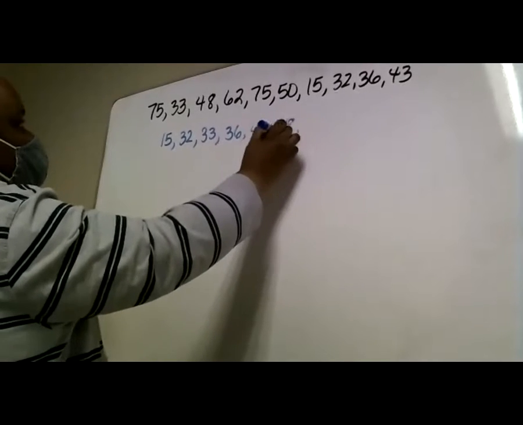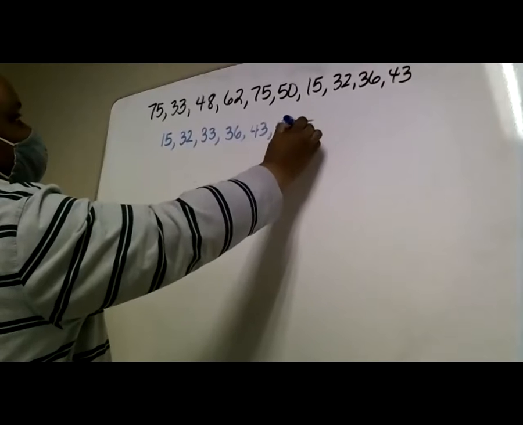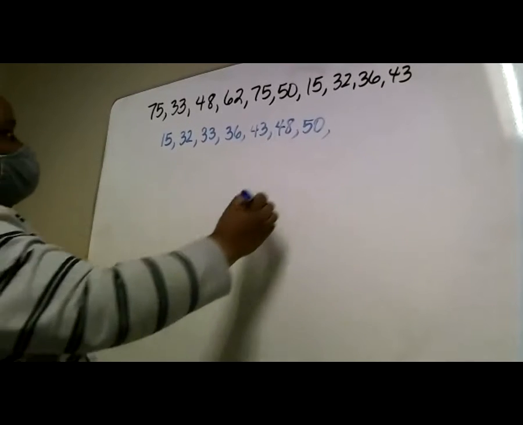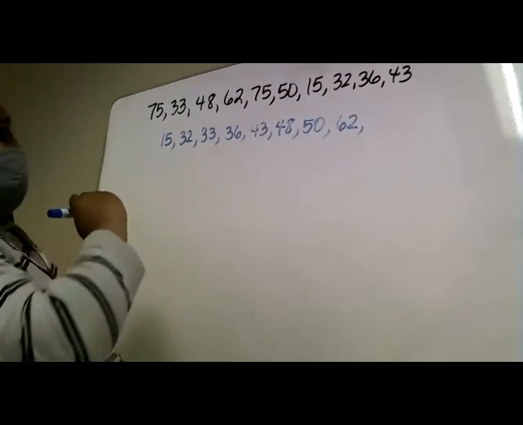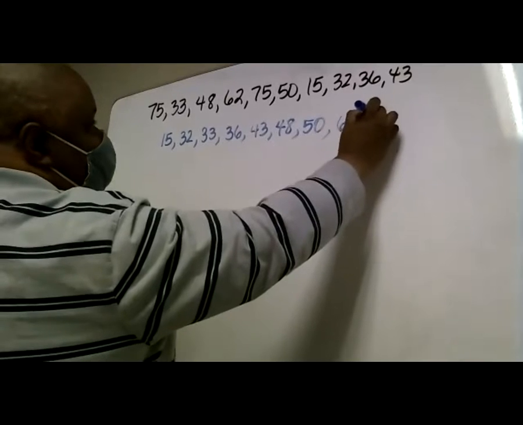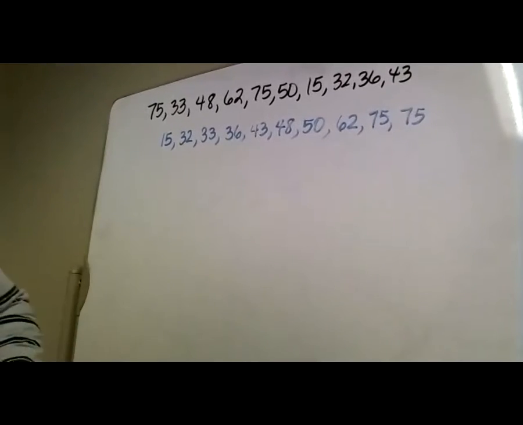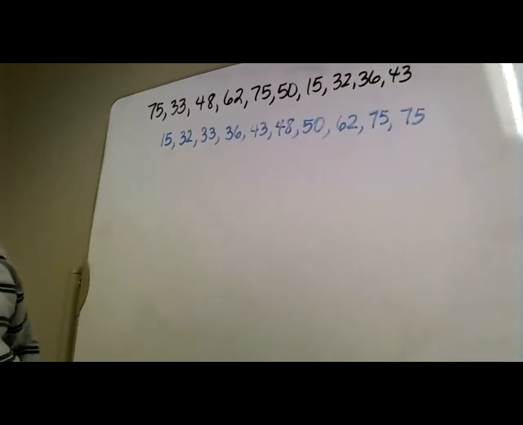And I think 48 is next. And 50. And 62. And 75 twice, which is actually the mode, by the way, 75. Okay. In this case, there are 10, so that means there better be 10 when they're sorted from least to greatest. Okay.